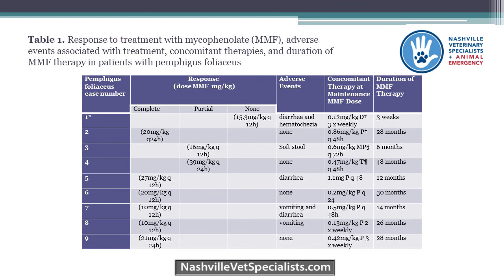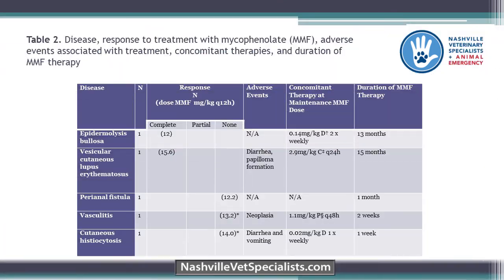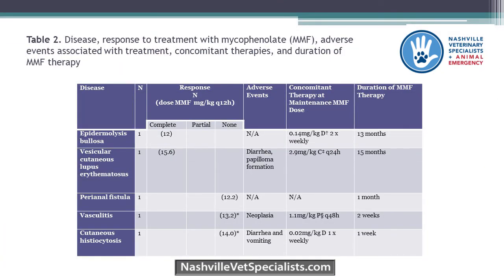This one actually got diagnosed with neoplasia 2 weeks into therapy. I don't think it's related, but once again, we're talking about suppressing the immune system. The dog has diagnosed neoplasia, and I don't want to keep it on this drug if I don't have to. And actually, this was retrospective and they lost it to follow-up. So we had pretty good response. Now the question is, why did we see so much better response with pemphigus foliaceus than we did with some of these other diseases?